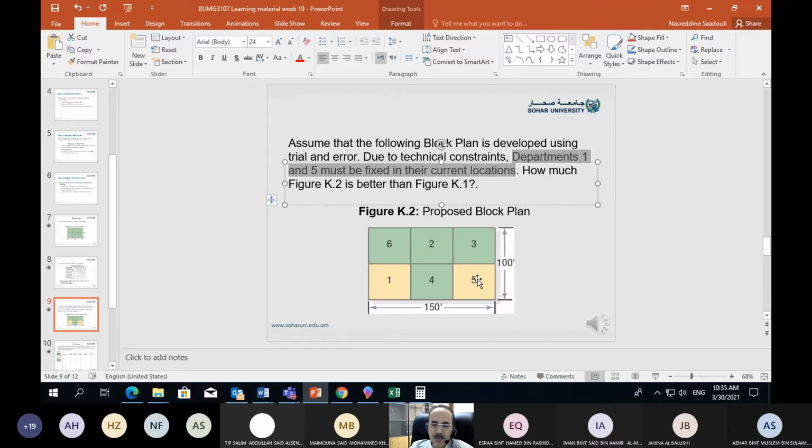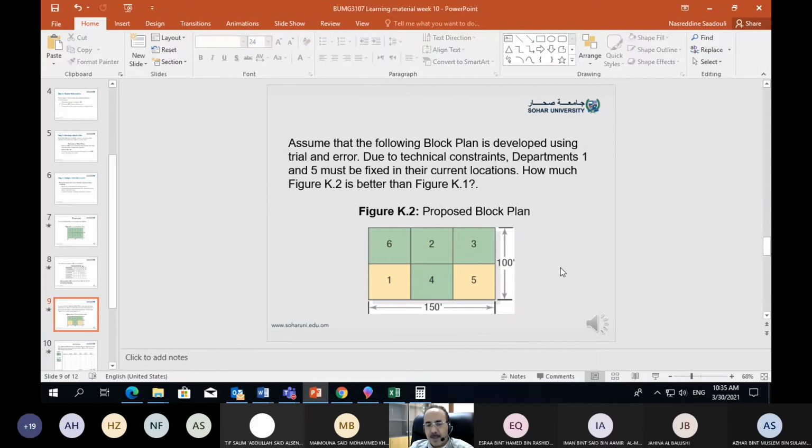I already gave you an example in reality why that would be the case. For instance, 1 could be the main entrance and the reception area because it's where the customers come in. 5 could be maybe the receiving department. Okay, they must be in there, which means that I need to decide on the remaining 4 slots what to put in them in terms of the remaining departments 2, 3, 4, and 6. This block plan has already been developed and proposed.